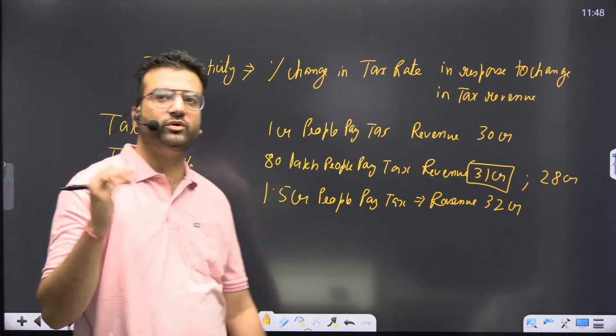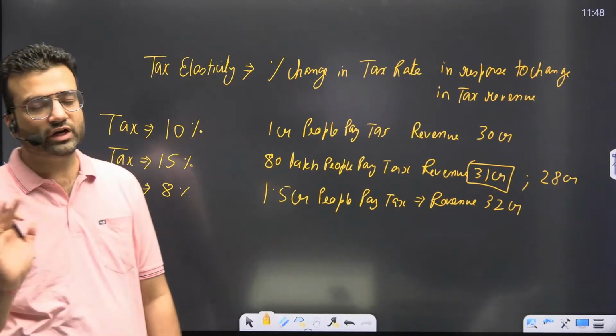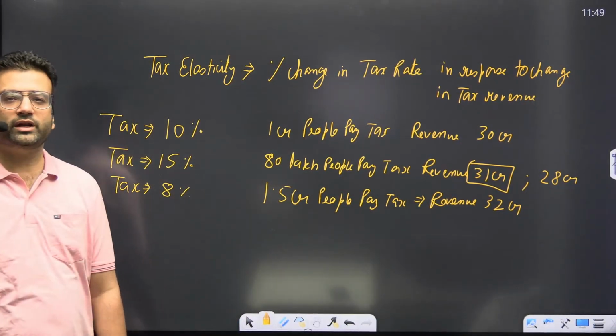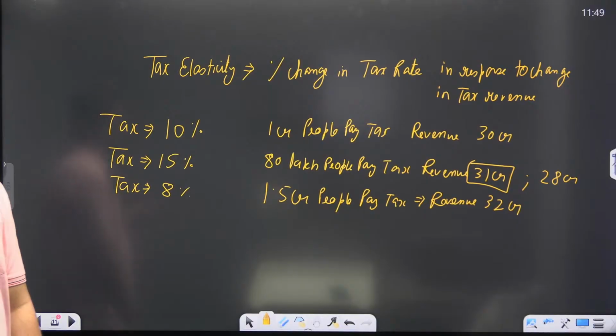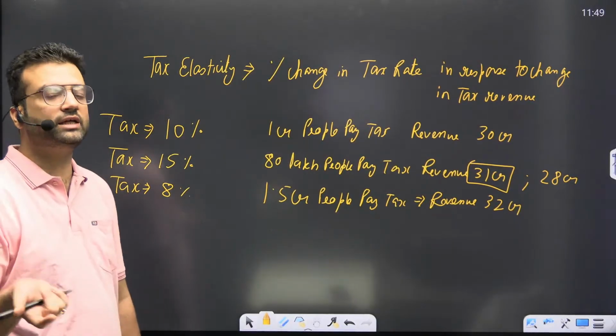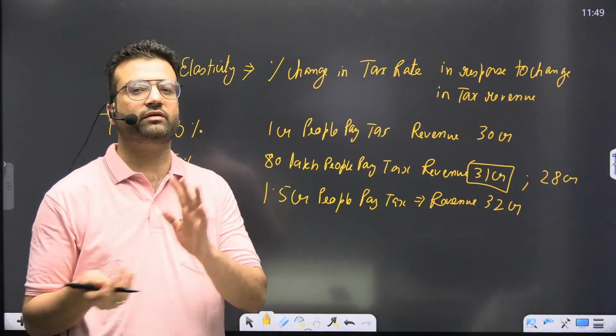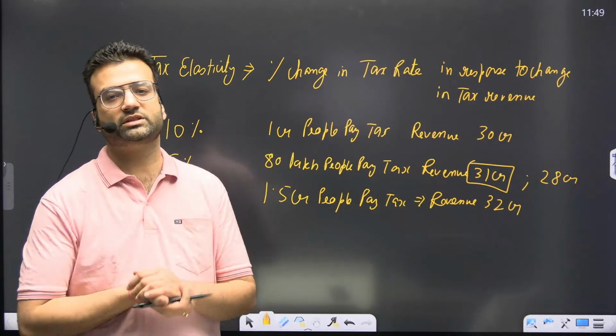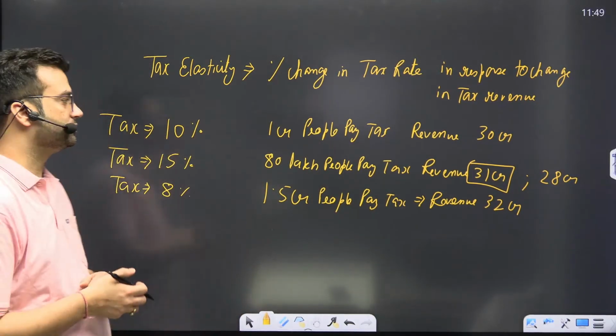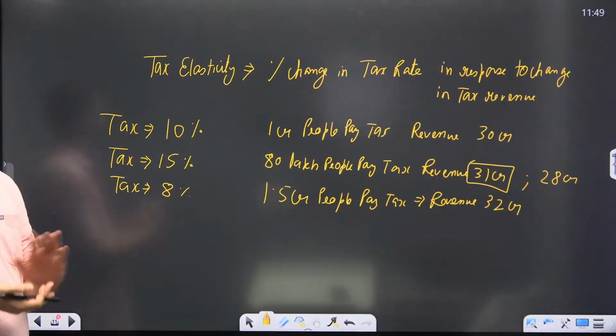So it is a kind of both situation. Either when you increase the tax rate, the revenue will increase because you will get more money, or people may start evading the tax. So this is in the context of increasing the tax rate.